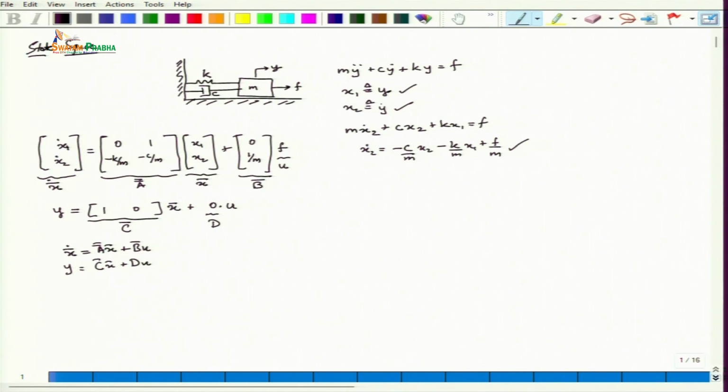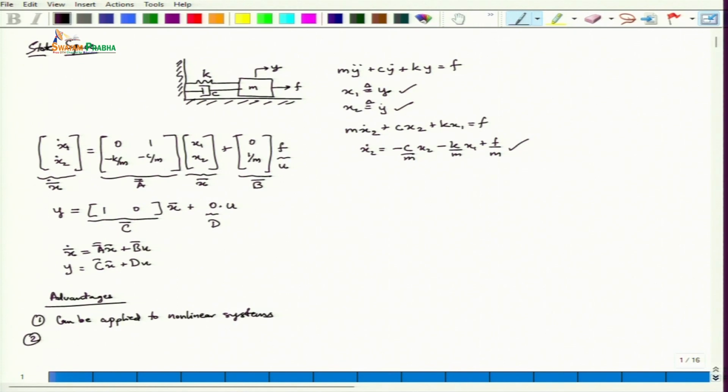The advantages of a state space representation. So why do we need to study the state space representation? We are studying state space representation because it presents certain advantages. One, it can be applied to nonlinear systems.